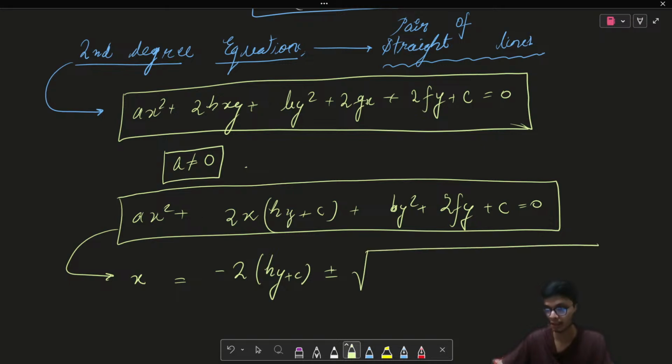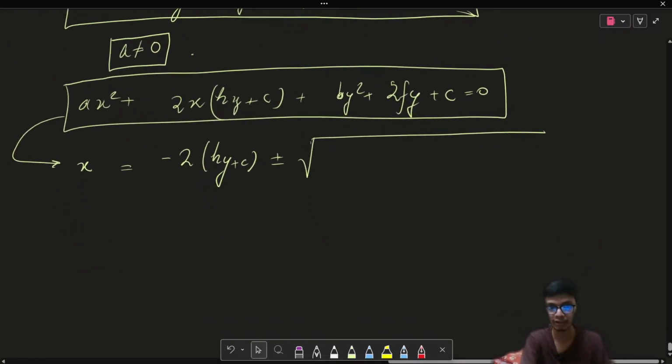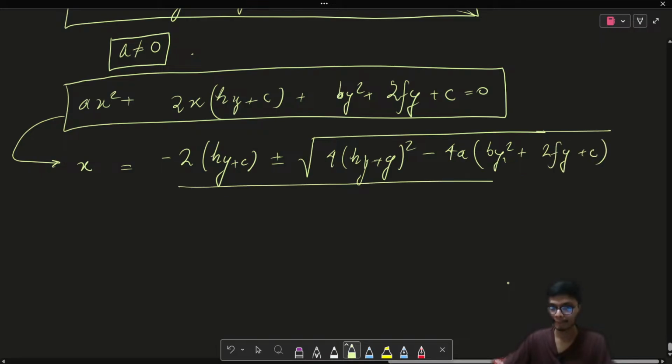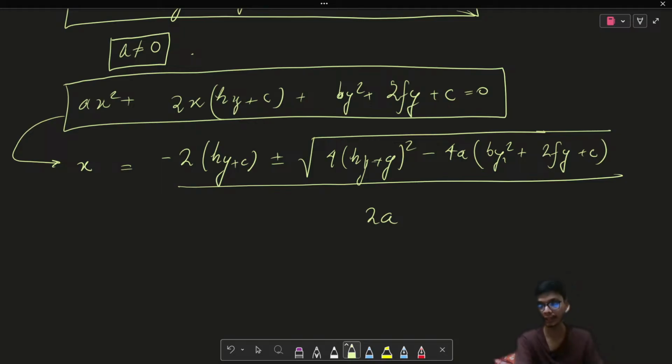So if I apply that particular formula, the Sridharacharya quadratic formula, I will get my x to be this following expression, and then the whole divided by 2 times a, right? So if I solve for this value, I will get an expression in x and y, which will be the equations of my two straight lines, right?